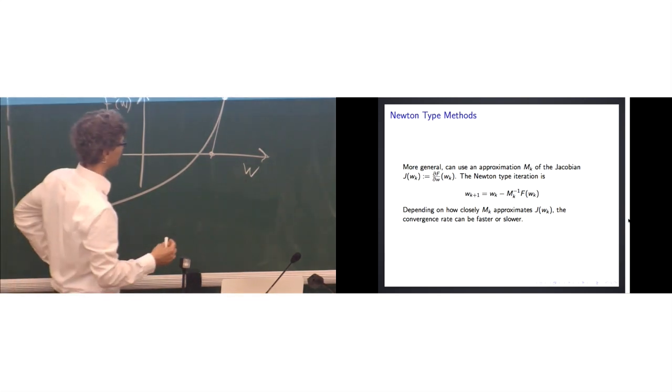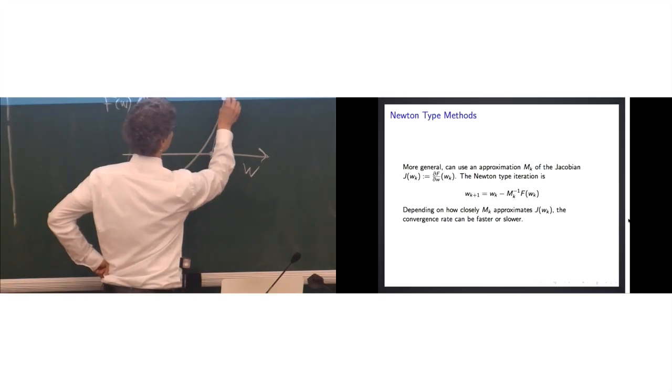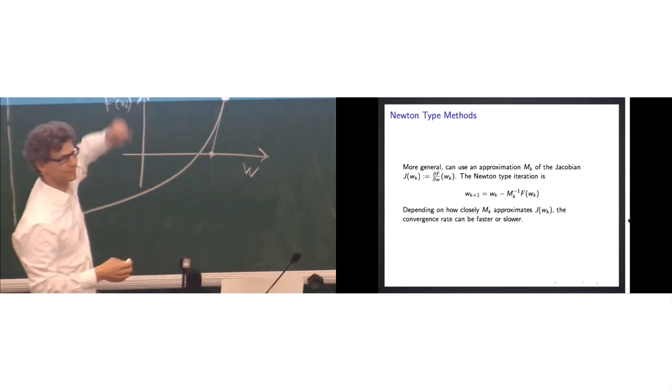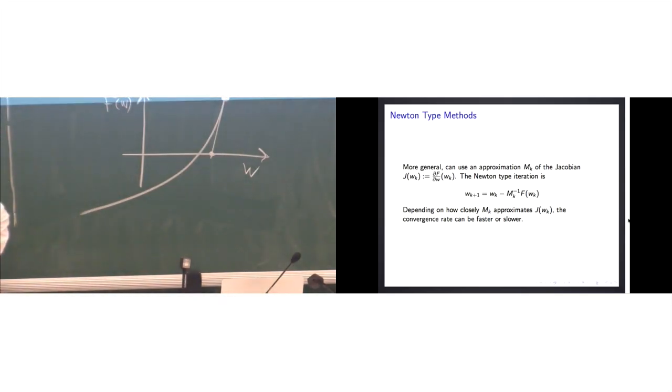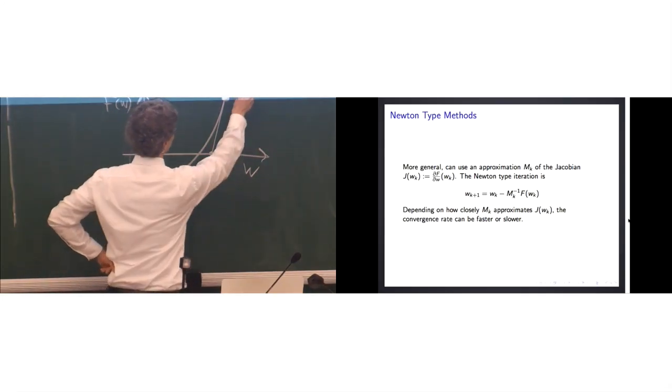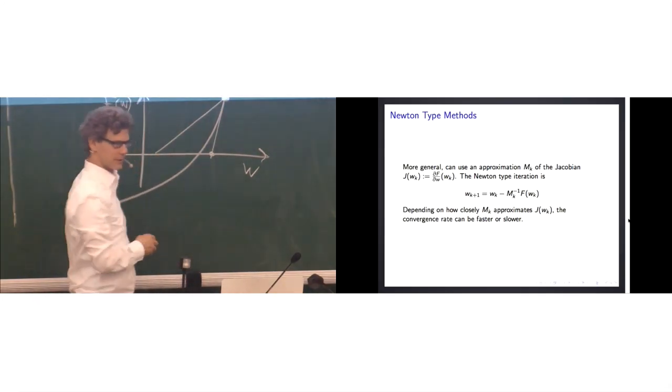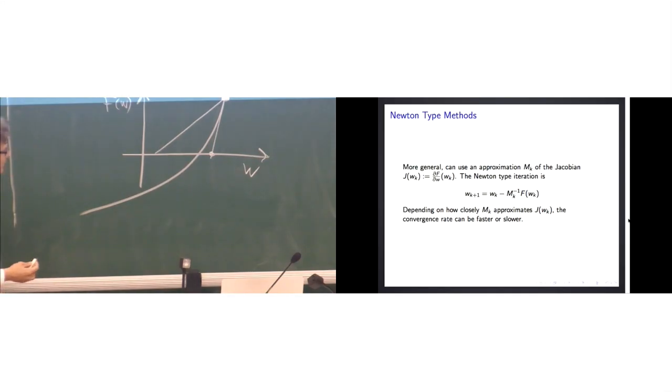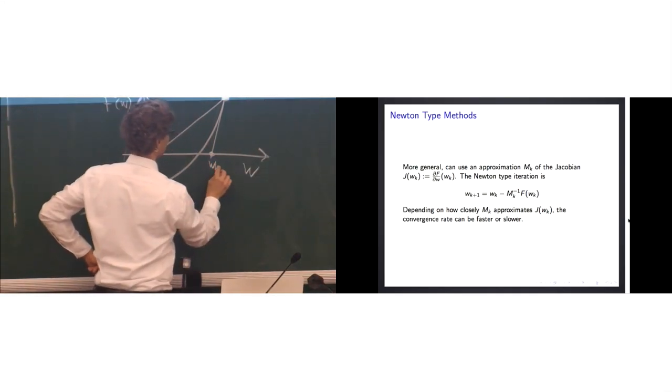So what we now do is we evaluate the function, and because this Mk is not exactly the derivative, it's not exactly a tangent that we use for approximation, we actually use something else, which is not a tangent. This is the Taylor expansion, the wrong one. That's if this is wk, then this is f of wk plus Mk times w minus wk.